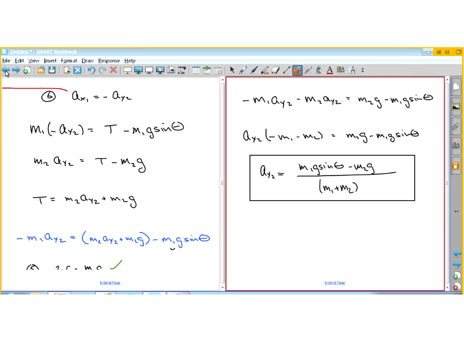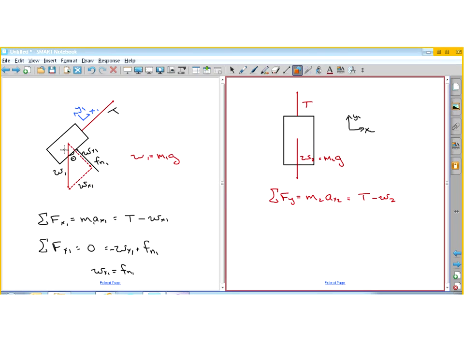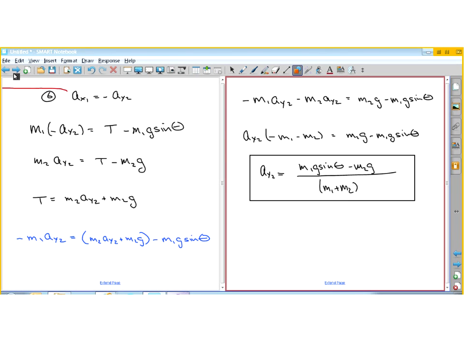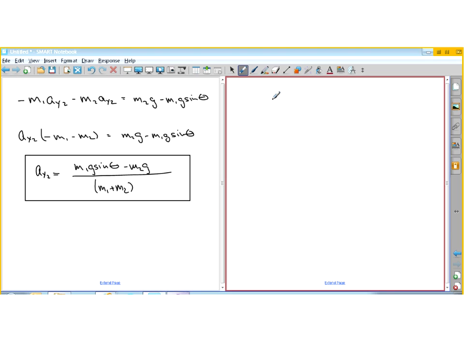Now I said, let's go back here, when theta is equal to 0, this thing should revert back to what we just did in the previous problem. So let's just check that out. If theta equals 0, sine of theta equals 0. And so we get a sub y2 is equal to negative m2 g divided by m1 plus m2, which is what we had previously for the special case of theta equals 0.